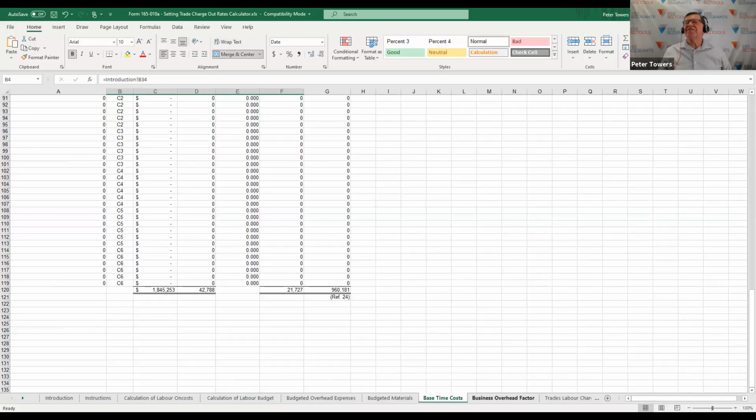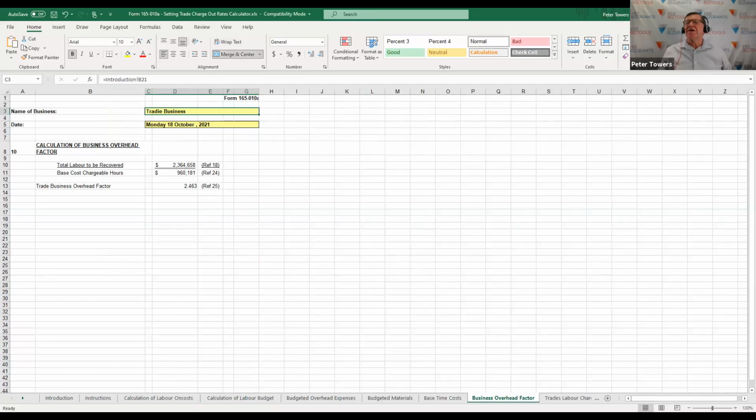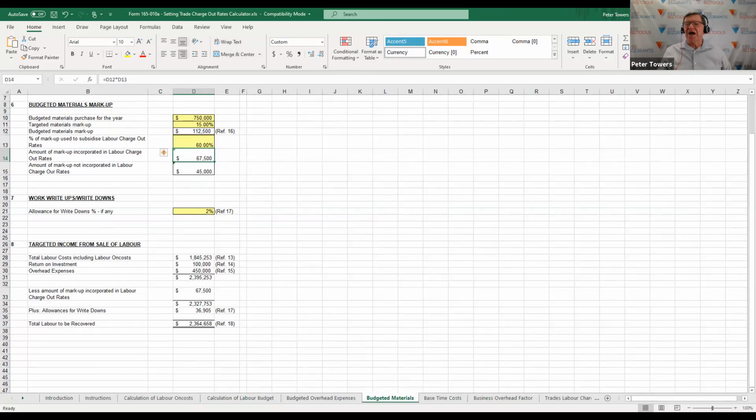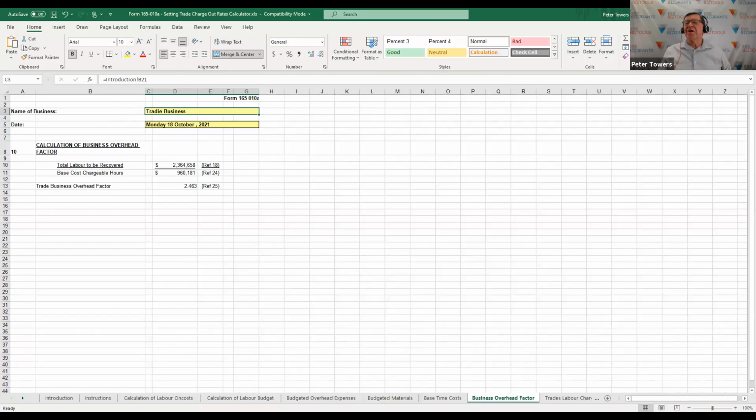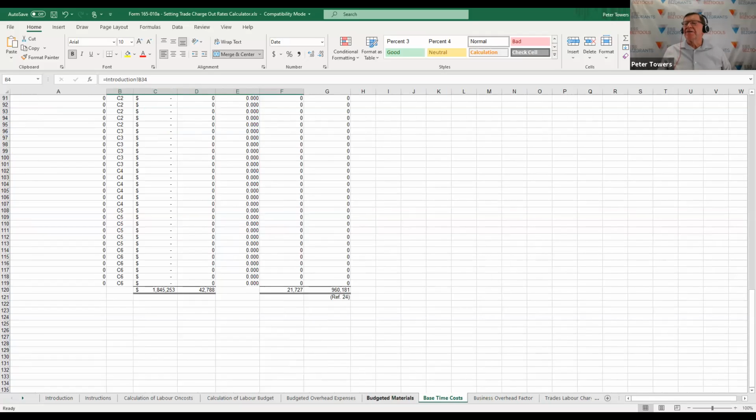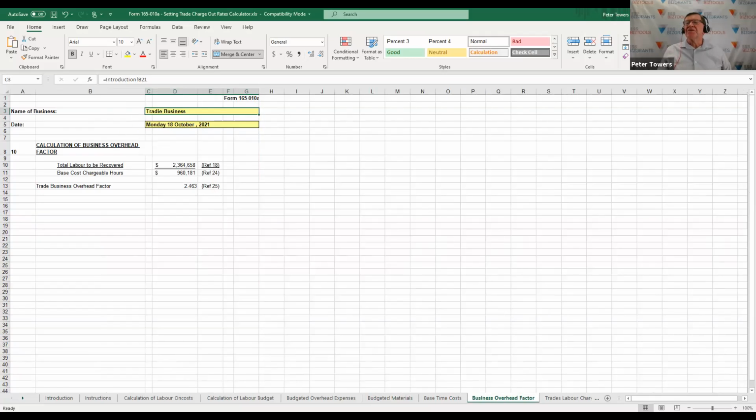The business overhead factor is then calculated by dividing the total of the labor to be recovered, which was 2,364,658. You might recall this figure here, labor to be recovered, 2,364,658, and it's divided by the base cost chargeable hours, and that's that figure there, 960,181. So it's giving us a figure of 2.463.